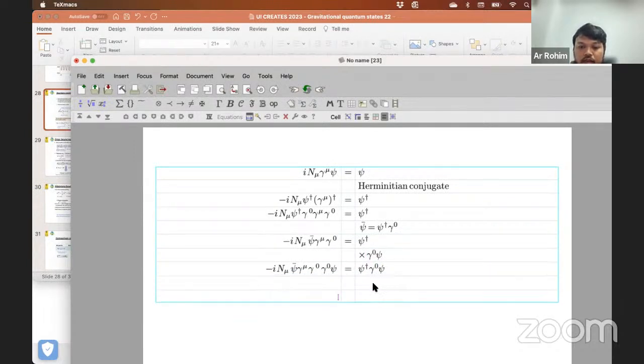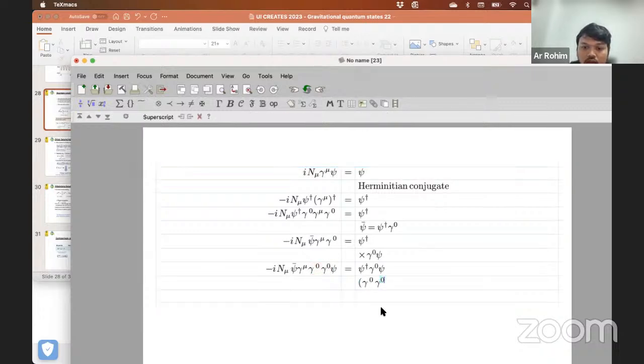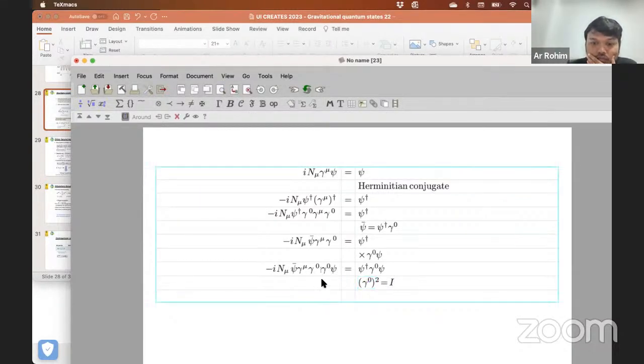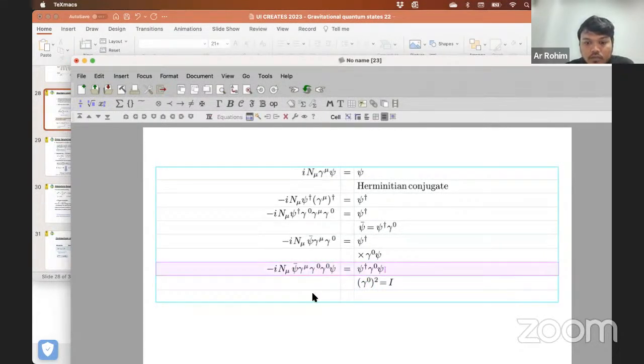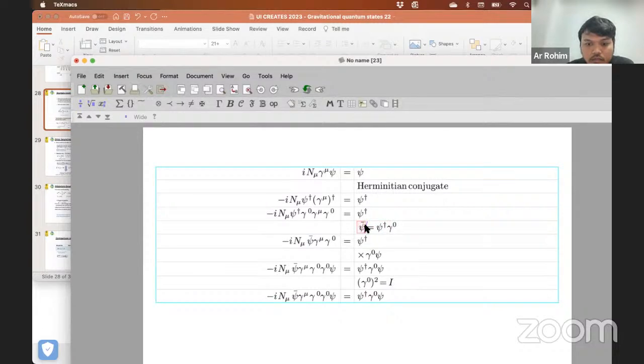And for the next one, we use that this one must be equal to the identity matrix. Something like this. Then this one, something like this.